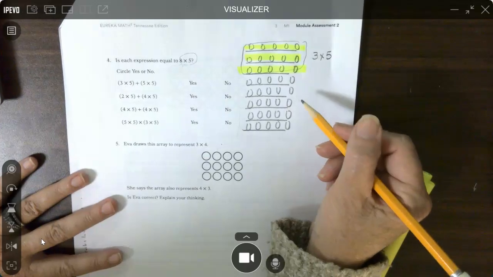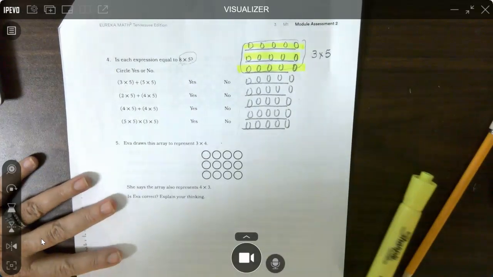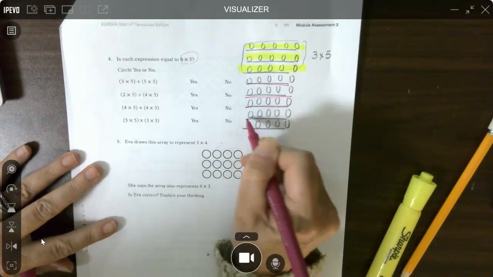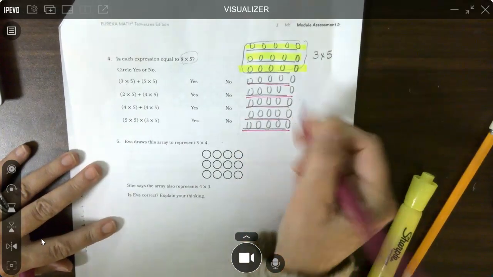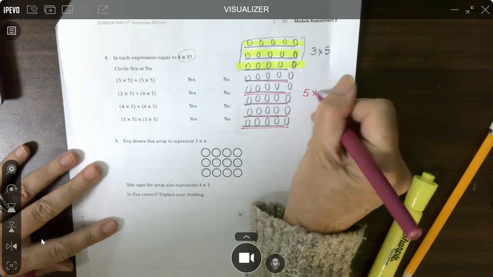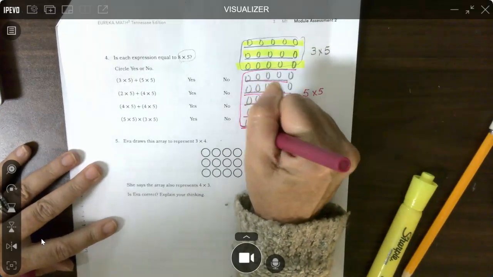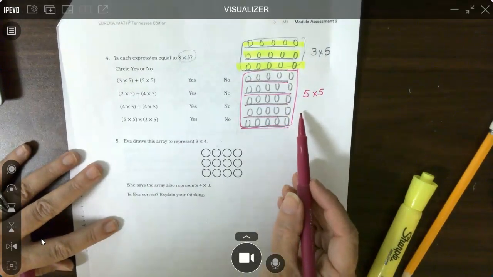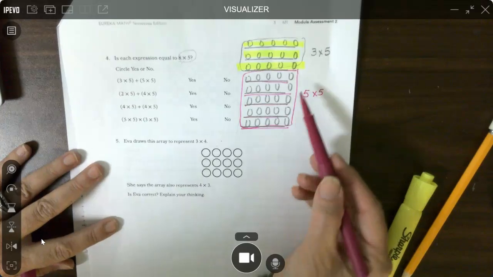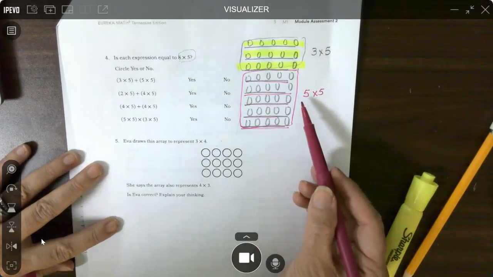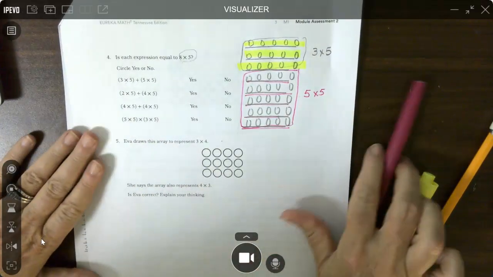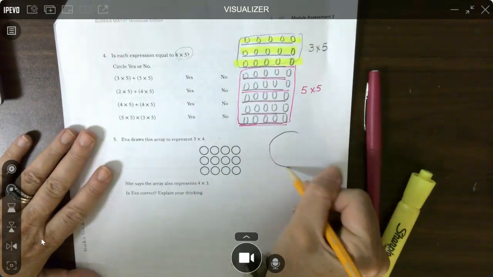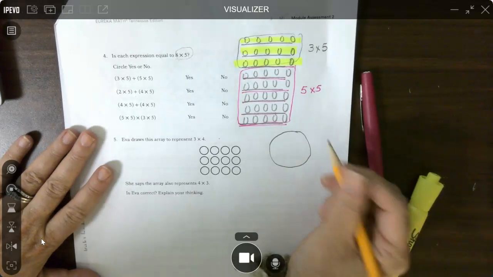Then I look at what is remaining. The remaining portion is 1, 2, 3, 4, 5 rows of 5 things each. In order to have 8 rows of 5, I would have to put these 2 parts back together. And one of the ways we've been doing that this week is we have been using a number bond and unit form.